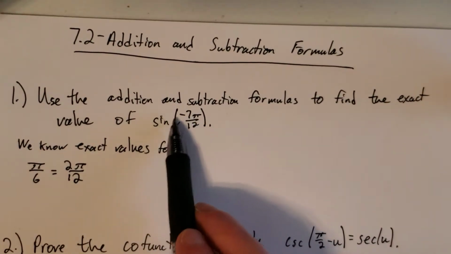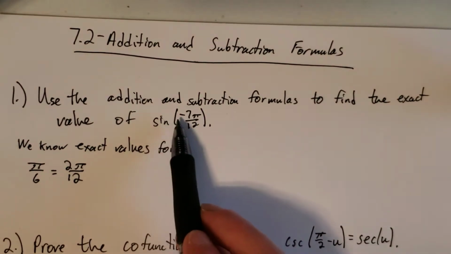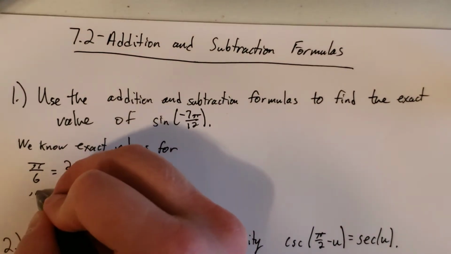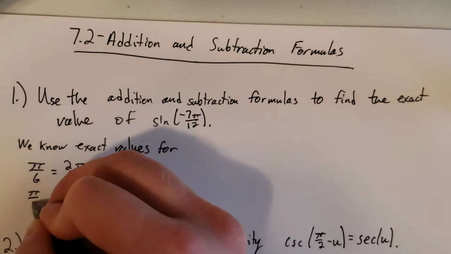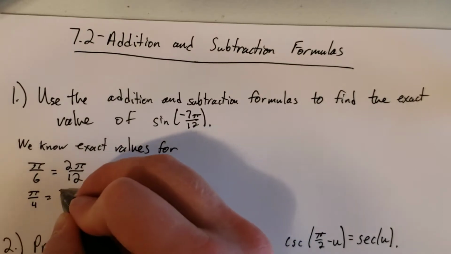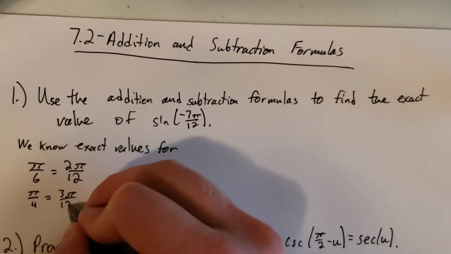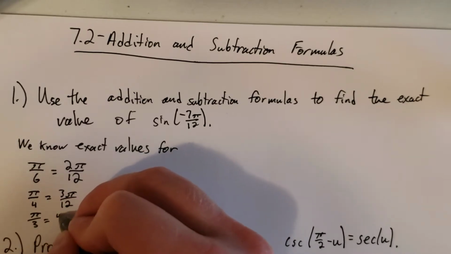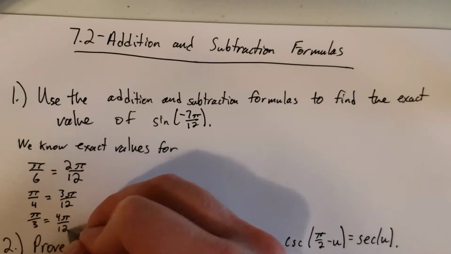Well, it's because up here, our question says find the sine of negative 7 pi over 12, so everything should be out of twelfths. But moreover, besides pi over 6, we also know pi over 4, which is the same as 3 pi over 12, and pi over 3, which is the same as 4 pi over 12.